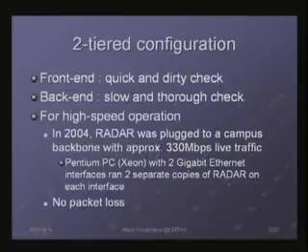On the front end, time is the prime objective. You have a very, very tight time budget. So what you want to do is a quick and dirty check. You might arrest a legitimate packet from time to time, but you don't want to thoroughly check if a packet constitutes an attack.